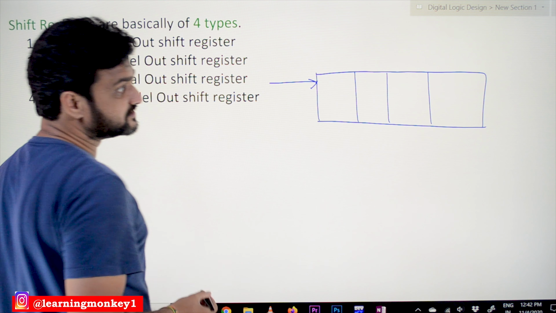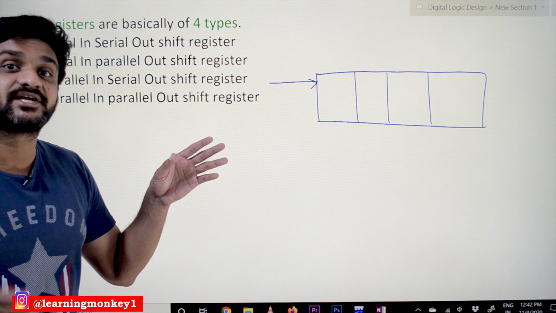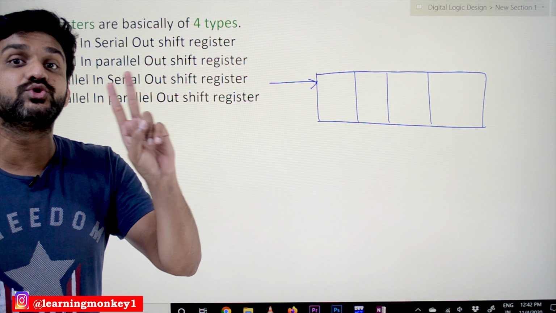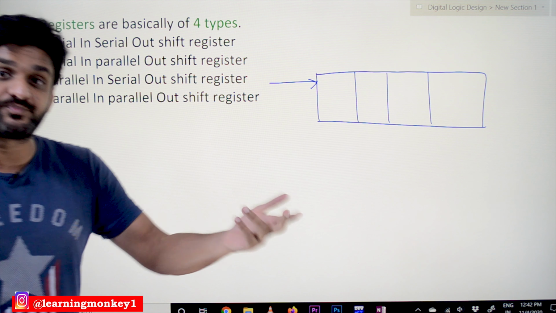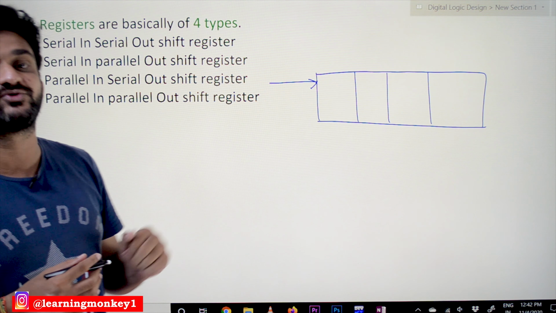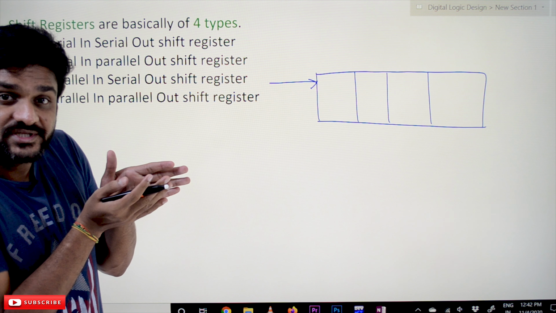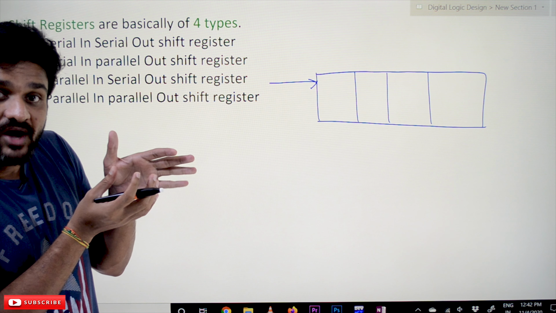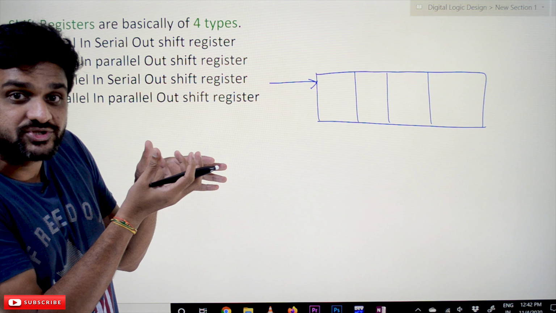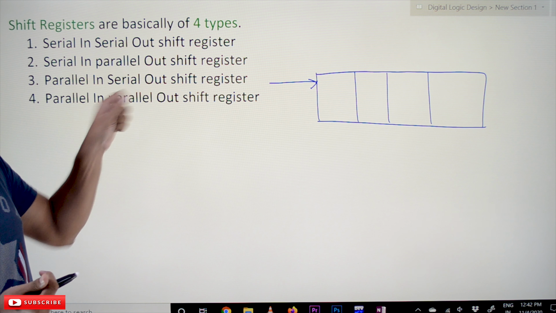So the inputs to the register can be provided in two different ways. Based upon the way in which the inputs can be provided to the register, and based upon the way in which the outputs are accepted, these types of registers are possible.